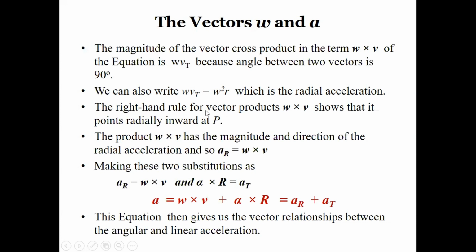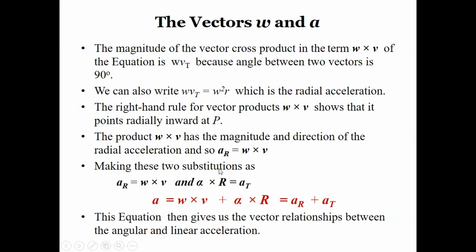The right-hand rule for the vector product omega cross v shows that it points radially inward, and therefore this omega square r, which is the radial acceleration, is pointing towards the center. So it is a centripetal acceleration. So the product omega cross v has the magnitude and the direction of the radial acceleration. Therefore, we write the radial acceleration equal to omega cross v.